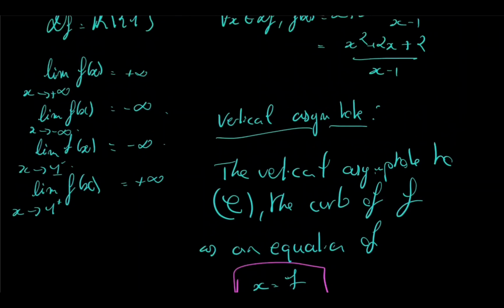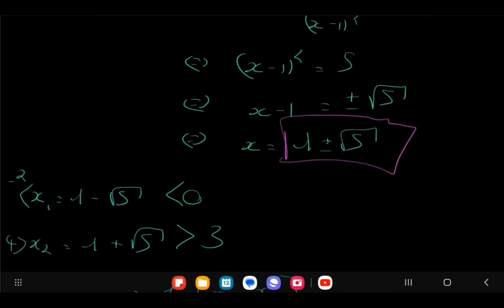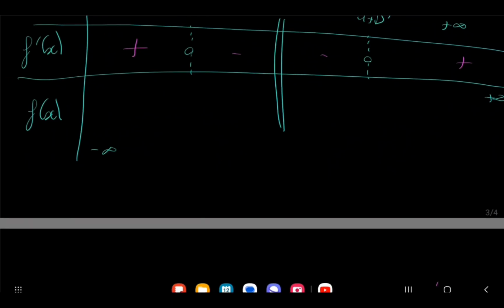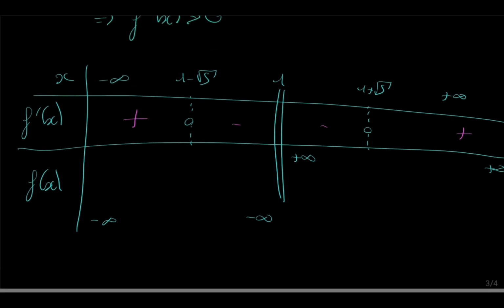At 1 minus, we've got minus infinity, and at 1 plus, plus infinity. And this goes along with what we found for f prime, because here we will have something growing and then decreasing. And here decreasing, equal to 0 here, and then growing. And here we will have f of 1 minus square root of 5.